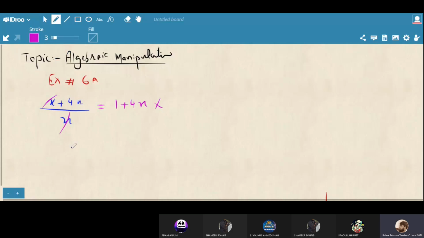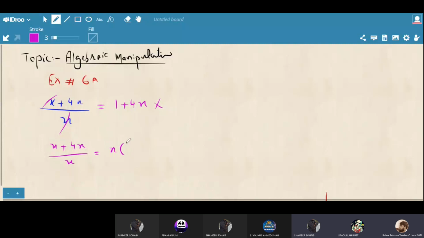The thing is, we have to take common first and then factorize. What is the common over here? Again, I'm telling you, this x. x plus 4x upon x. Very good, Saad. x is the common. And what is left in the bracket? We will factorize first. 1 plus 4x.